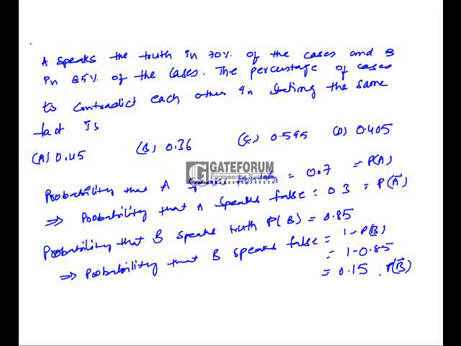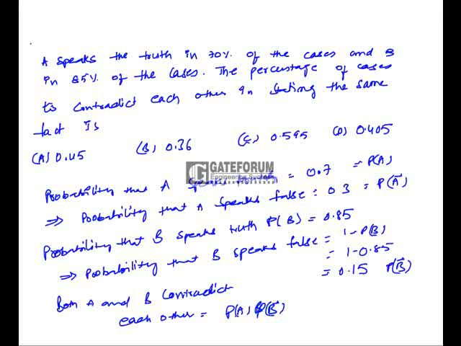Here the question is the percentage of cases to contradict each other in stating the same fact. So both A and B should contradict. Both A and B contradict each other. It's given by P of A into P of B bar.